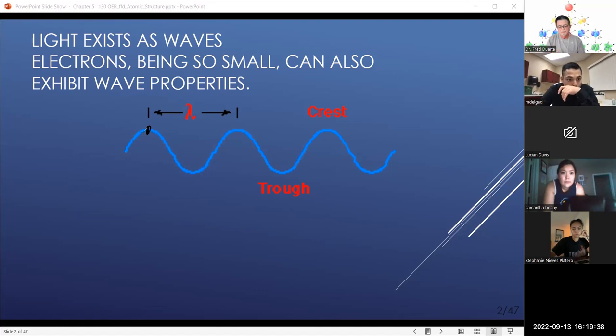If we take a point on top of one hill and another point on top of the next hill, that distance is the measured quantity. That distance is what we call the wavelength.